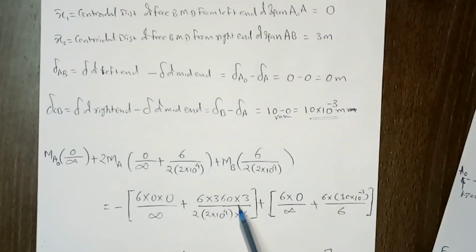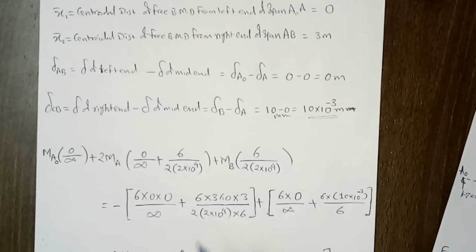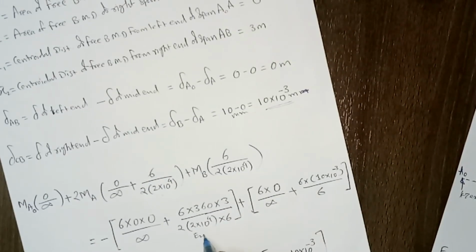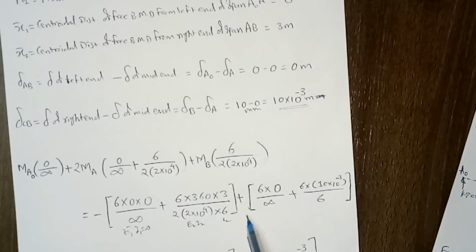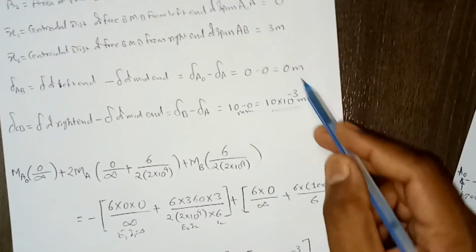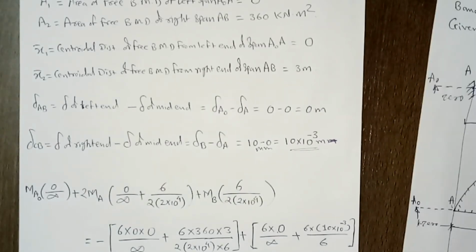So it is 360 multiplied by 3, that is the centroidal distance, divided by 2EI multiplied by 6, that is L2. So this is nothing but E2 I2, this is L2. So here anyway E1 I1 is infinity. So that's all. And then delta AB, anyway it is 0, so we are substituting delta AB as 0.